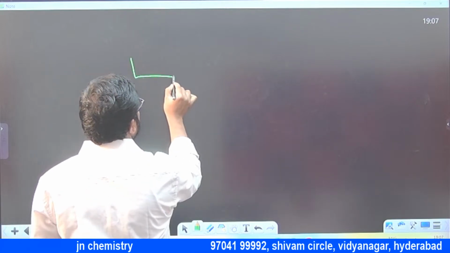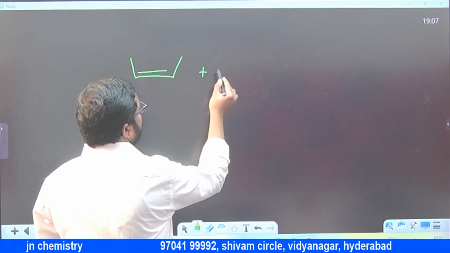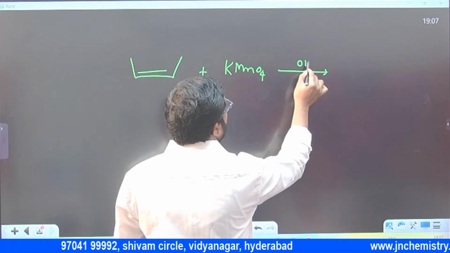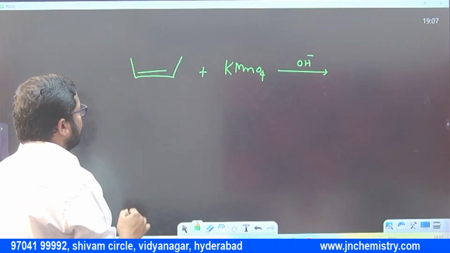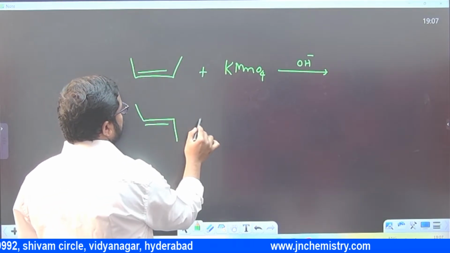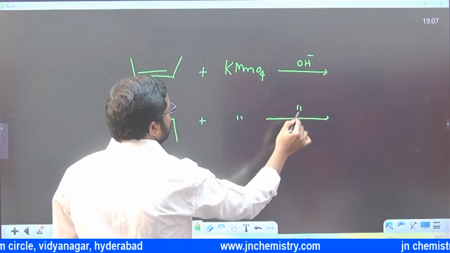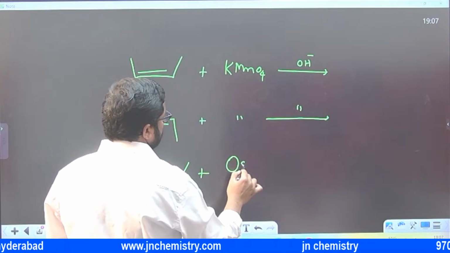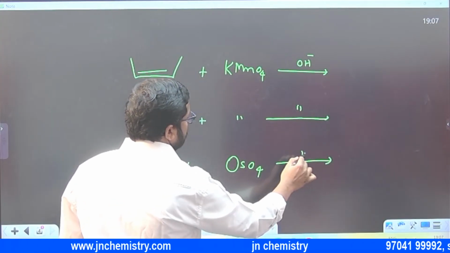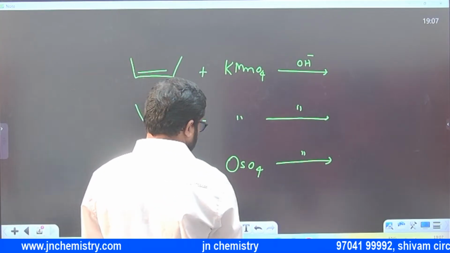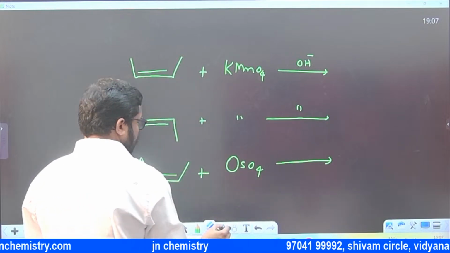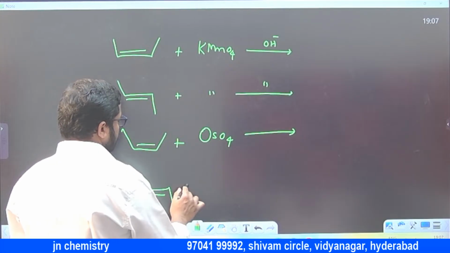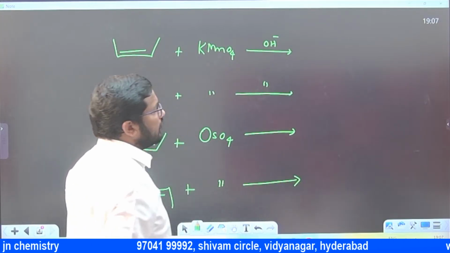For example, the third one: KMnO4 in presence of OH minus, cold alkaline KMnO4. Write the products.